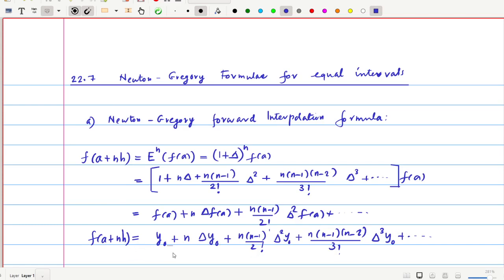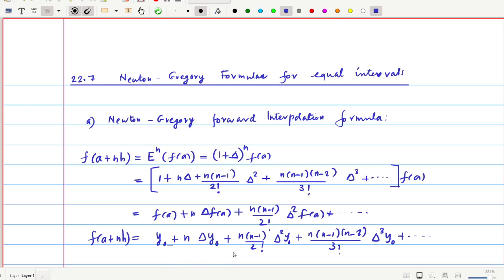We take the number of terms of the right hand side of this series according to the requirement of significant figures.